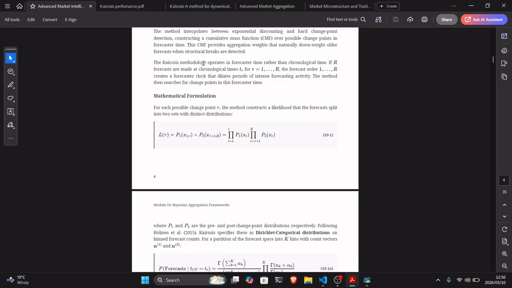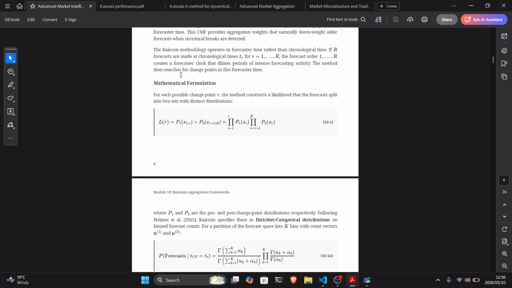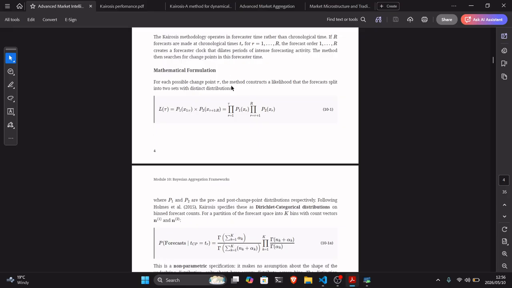The kairosis methodology operates in forecaster time rather than chronological time. If R forecasts are made at chronological times t_r for r equals 1 up until R, the forecast order 1 up until R creates a forecaster clock that dilates periods of intense forecasting activity. The method then searches for the change points in this forecaster time.